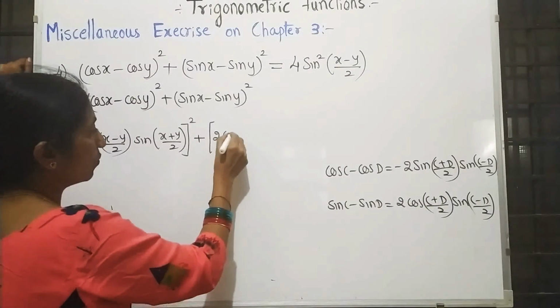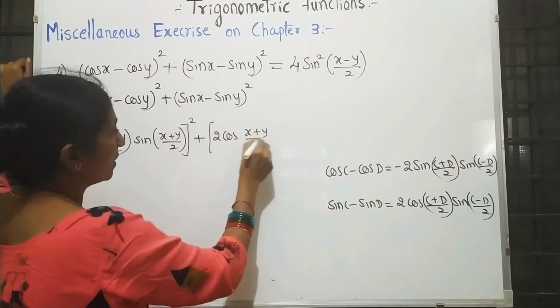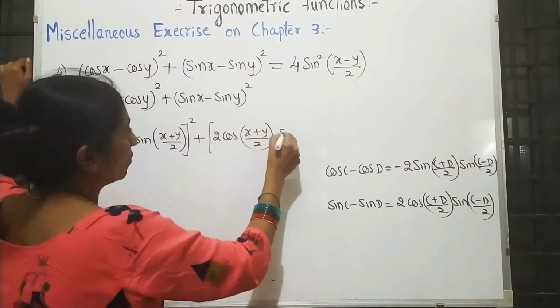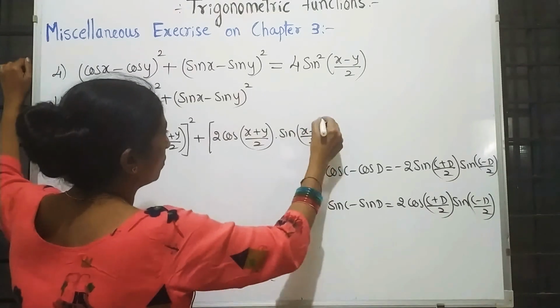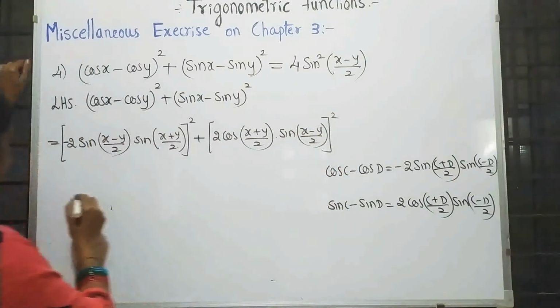So in the bracket minus 2 sin c minus d by 2 into sin c plus d by 2 whole square plus 2 cos c plus d by 2 into sin c minus d by 2 whole square.